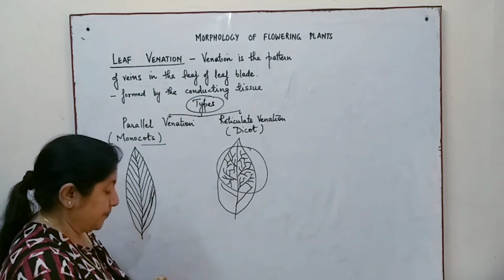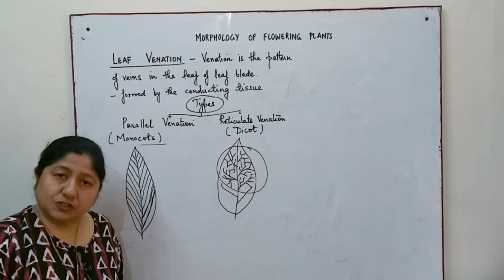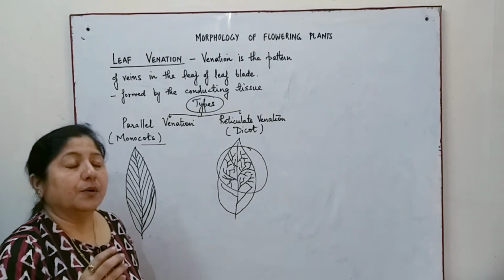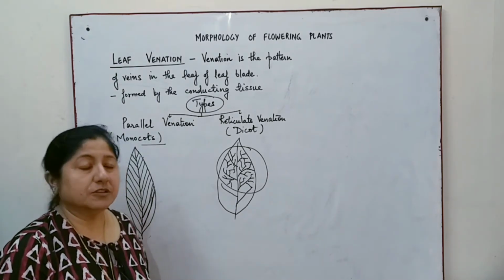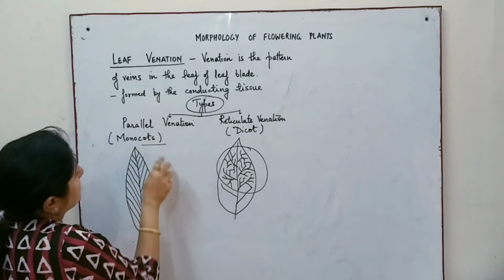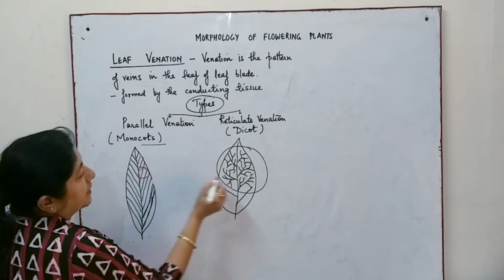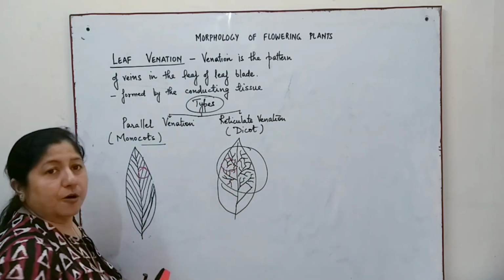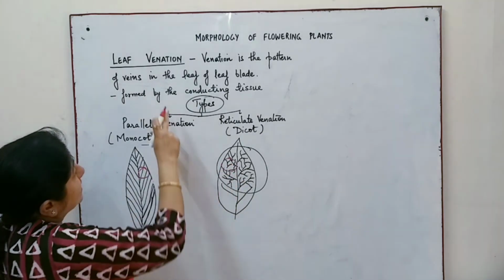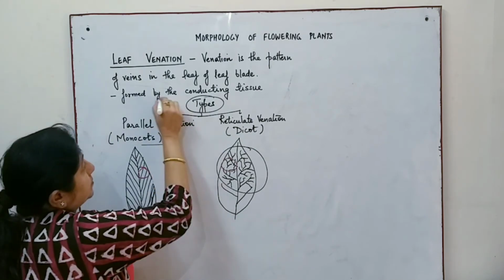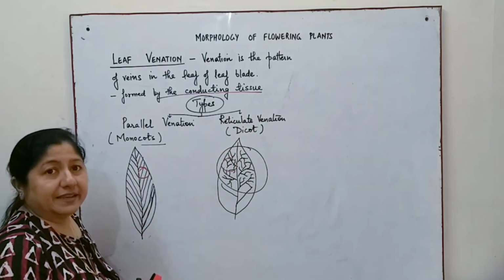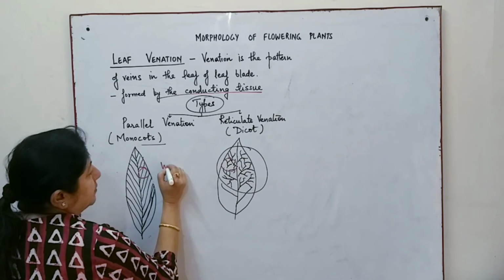So parallel venation and reticulate venation are the two different types of venation we find in plants. Now, the function of the venation: the veins are formed by the conducting tissues, and these tissues carry both water and minerals.